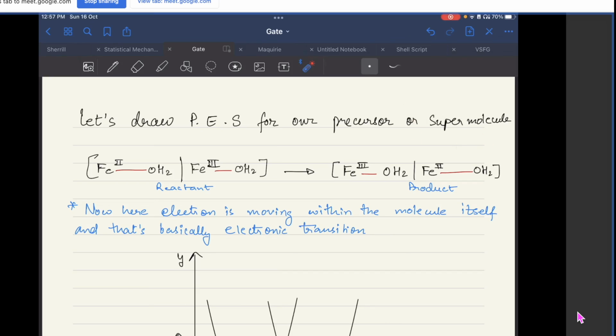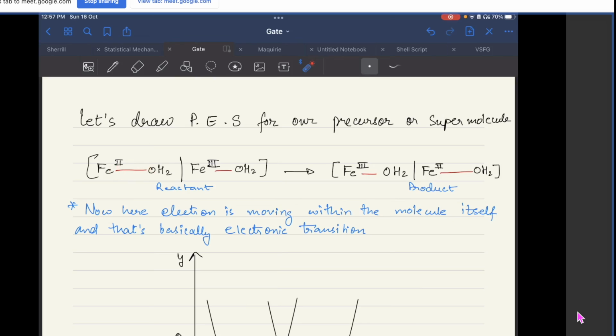If I am writing my precursor complex as a reactant, then after the electron transfer took place, I can write it as a product. Here you can see that this is a ferrous complex. I'm just denoting, for our understanding, one bond with OH2. This complex is actually hexa-aqua, but for our consideration I am only demonstrating a bond length.